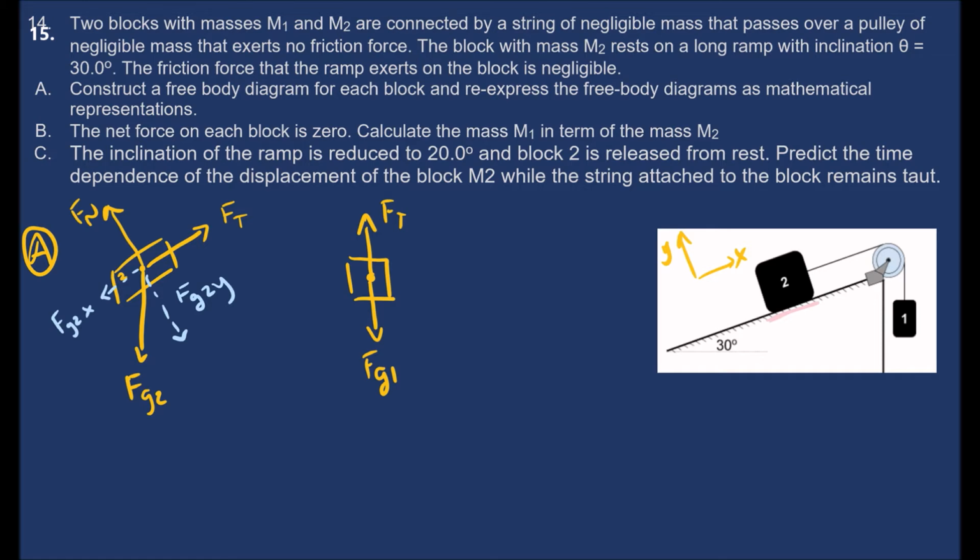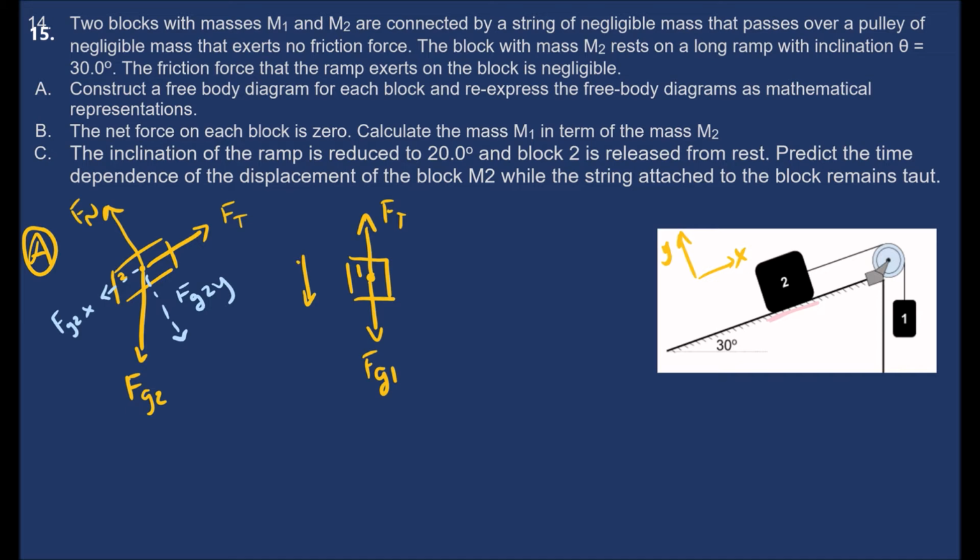Now we want to write Newton's second law for these. Let's start out with block 1, since it's fairly simple here. We want to establish a reference frame. Let's make the assumption that it accelerates downward, and we can call downward the positive direction.